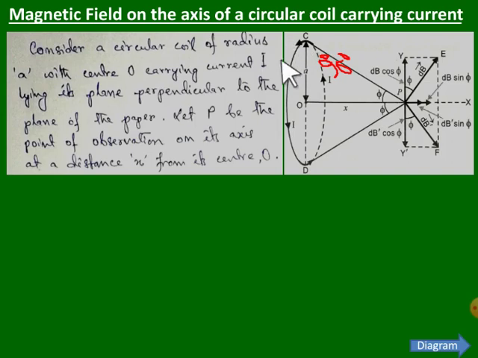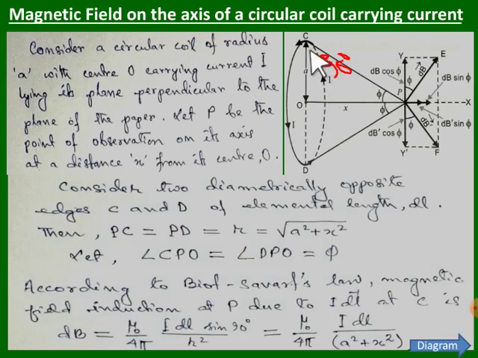The half CIOD is coming outward. And the point of observation P is at a distance x from the center O of the circular coil. Now let's consider two diametrically opposite elemental conductors I dl. Here current flows outward, and there current flows inward. So I dl is the elemental length of two diametrically opposite points on the circle.